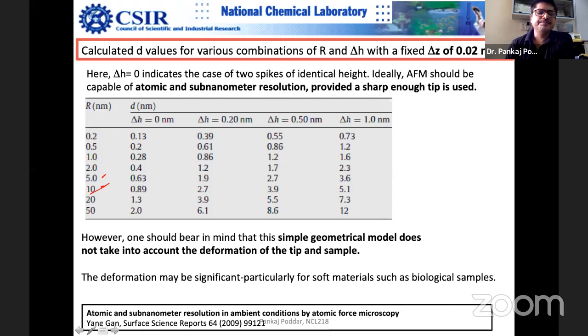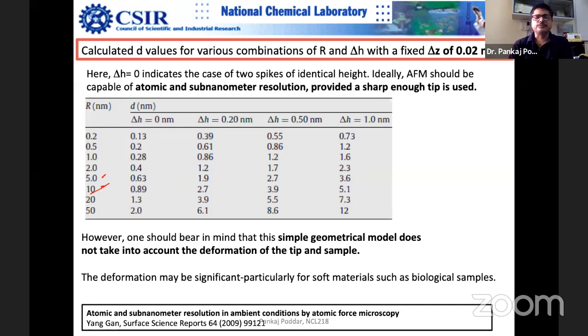But as I have been mentioning, one should bear in mind that the simple geometrical model which we are using does not take into account the deformation of tip and sample. I gave the example of your palm: if you take your finger and try to press your palm, you will notice that the back side of the palm and different areas show different kinds of deformation.